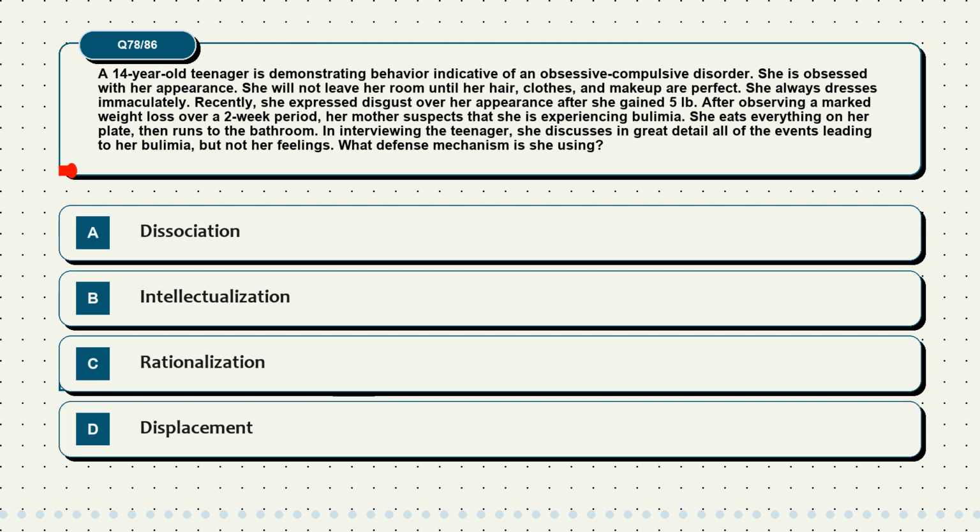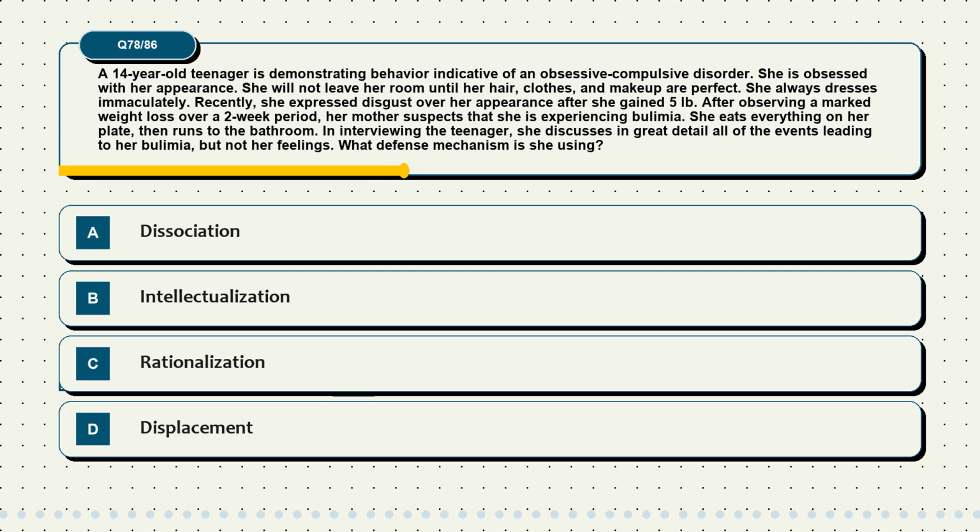Question 78. A 14-year-old teenager is demonstrating behavior indicative of an obsessive-compulsive disorder. She is obsessed with her appearance. She will not leave her room until her hair, clothes, and makeup are perfect. She always dresses immaculately. Recently, she expressed disgust over her appearance after she gained 5 lb.